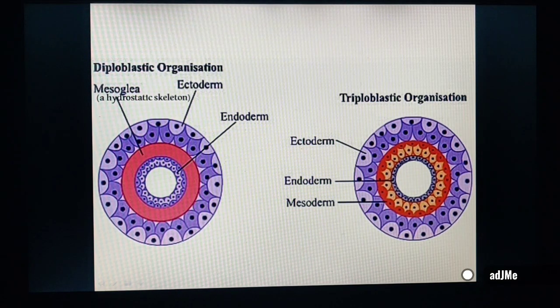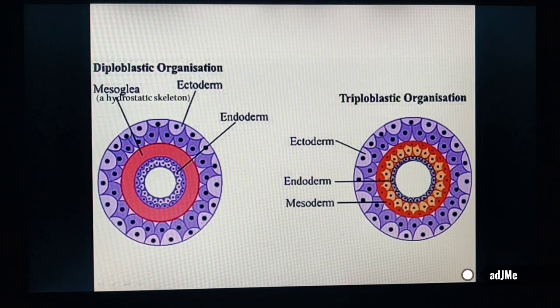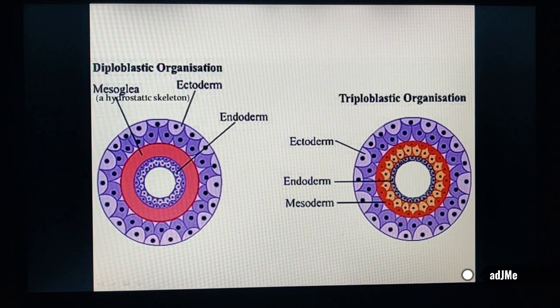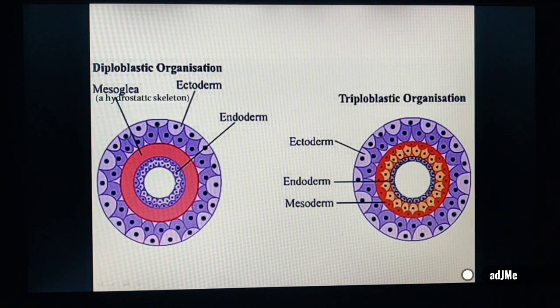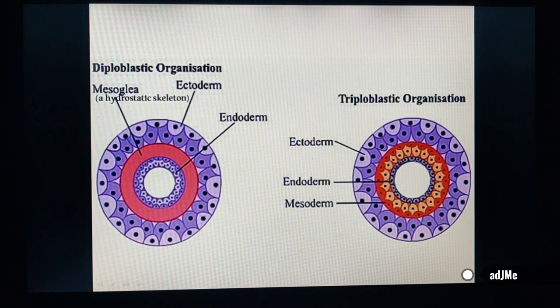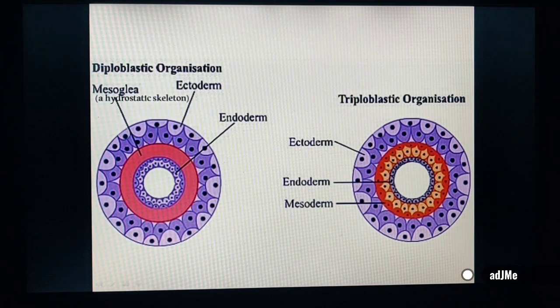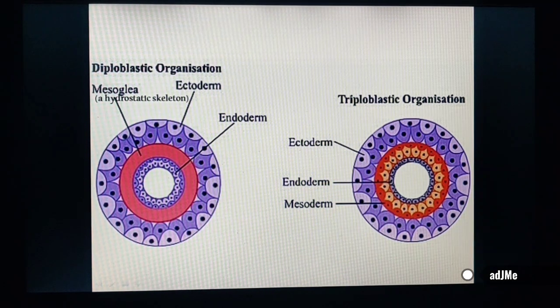In diploblastic animals, you come across two layers, that is outer ectoderm, what you find in the purple structure, and inner endoderm. So actually the center layer is missing, which is called mesoglea, which is not a layer at all but a hydrostatic skeleton. They call it hydrostatic. So a liquid, just a fluid, it's not a cell, it's not a tissue.